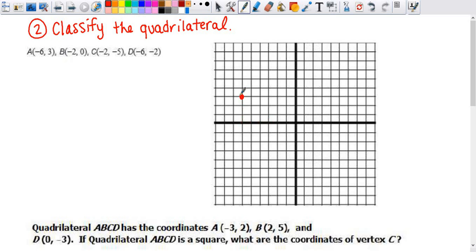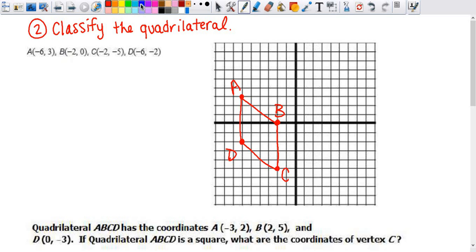Here's where point A would be. Then we have B at -2, 0. We have C at -2, -5. And then we have D at -6, -2. Go ahead and connect your lines the best that you can.